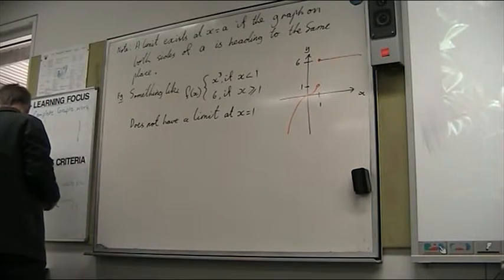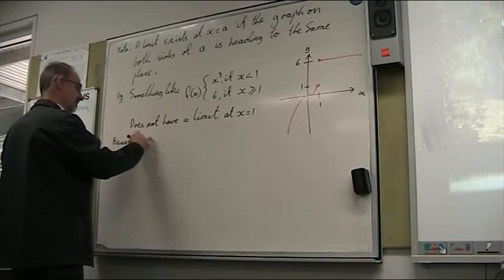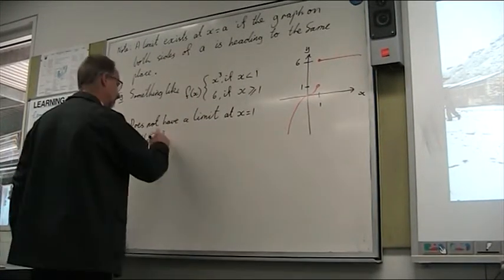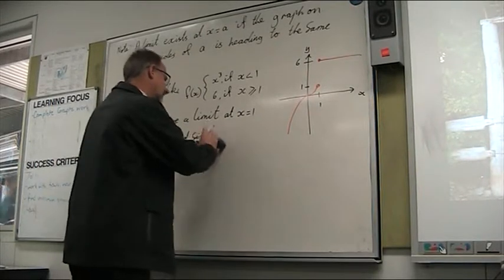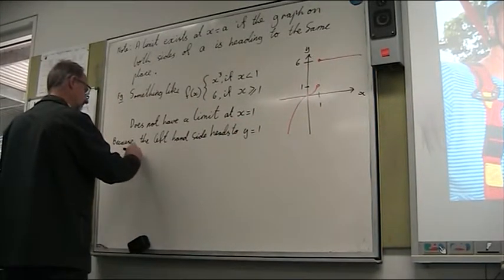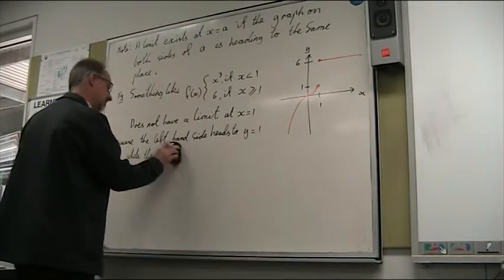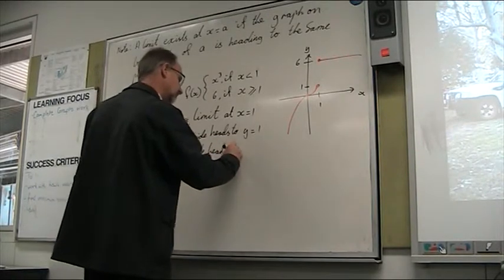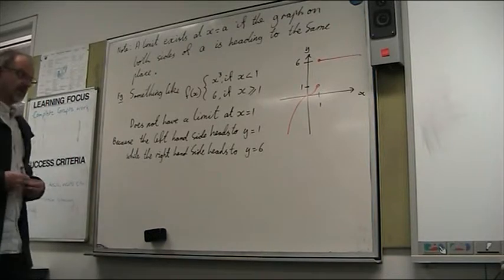Right, so it doesn't have a limit at x equals 1 because the left-hand part heads to y equals 1, while the right-hand side heads to y equals 6.